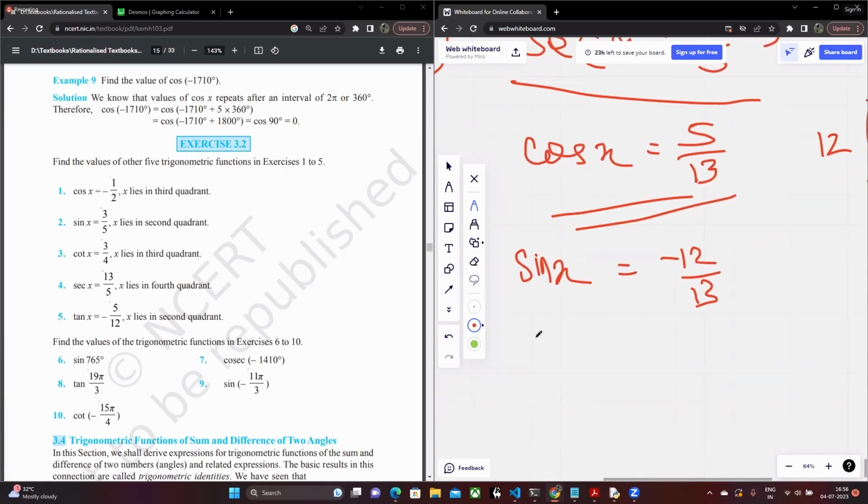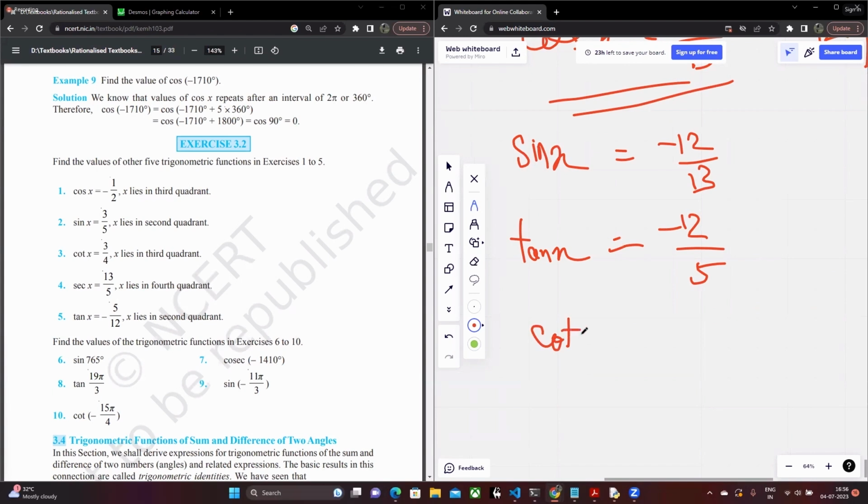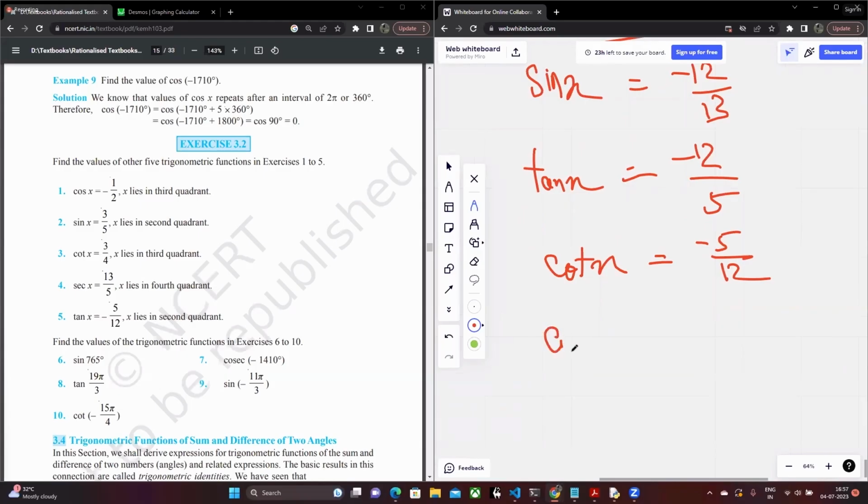Since cos x is positive, tan x is going to be minus sin x by plus cos x, that is minus 12 by 5. And then cot x is going to be minus 5 by 12. And then cosecant x is going to be equal to minus 13 divided by 12.